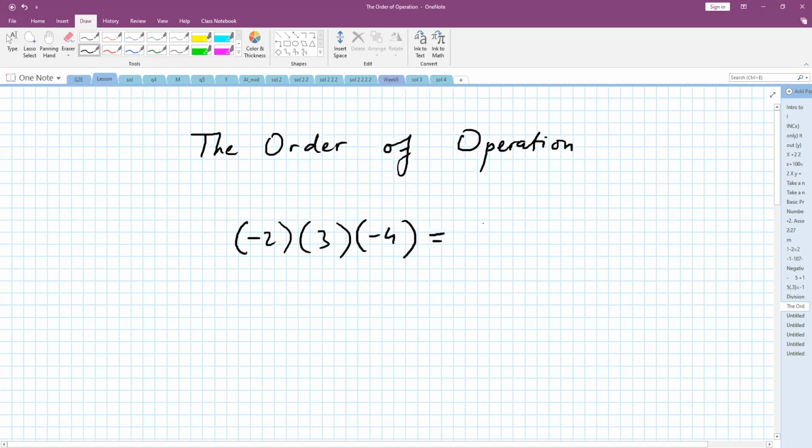Now you see, if you have a minus sign in front of a number and you put a bracket, for example like this, and say we have -(-4). So when you have a minus at the front of the bracket, this simply means you multiply with a -1.